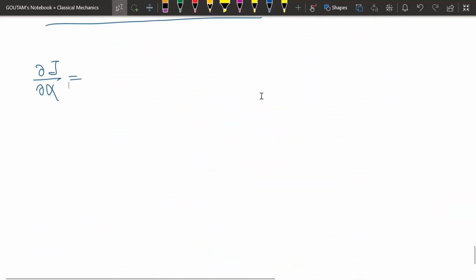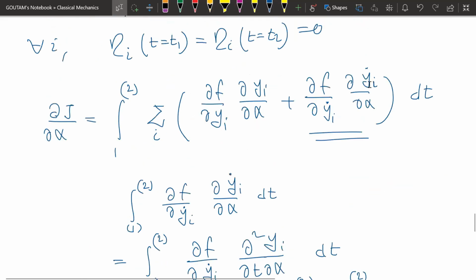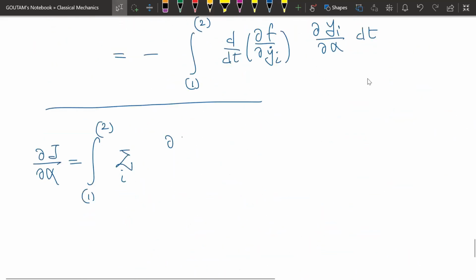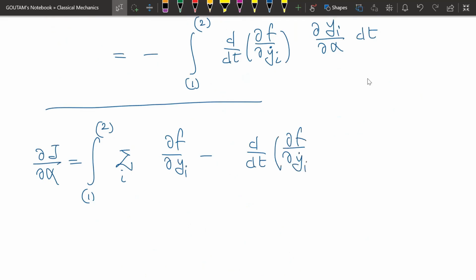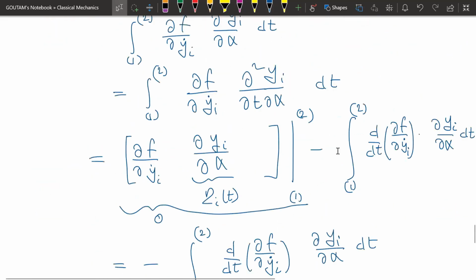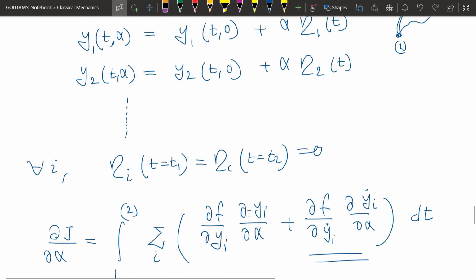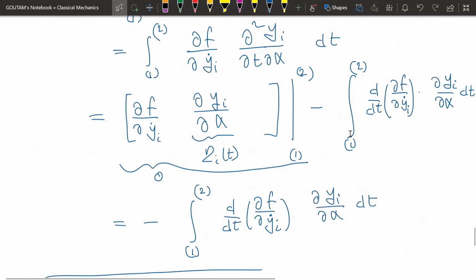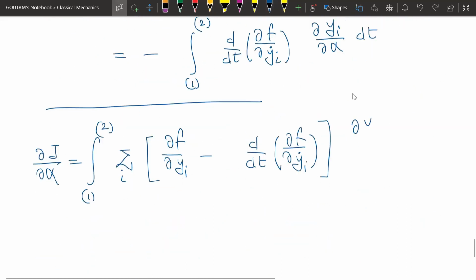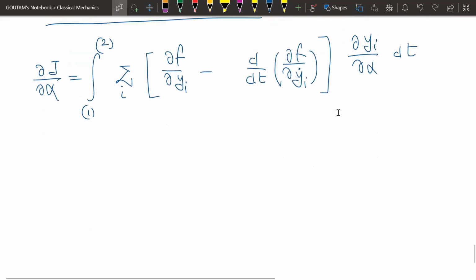We will find that ∂J/∂α will be the integration from point 1 to 2, sum over i, of ∂f/∂yi minus d/dt of ∂f/∂yi dot. And we can take this ∂yi/∂α common, because there is ∂yi/∂α here and here also. So we will get ∂yi/∂α dt, right?